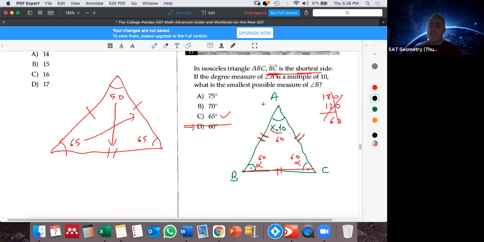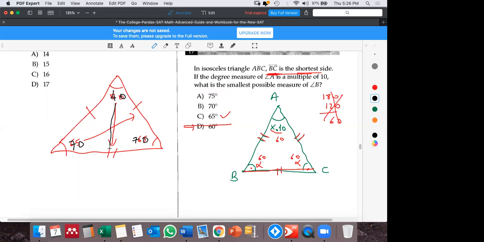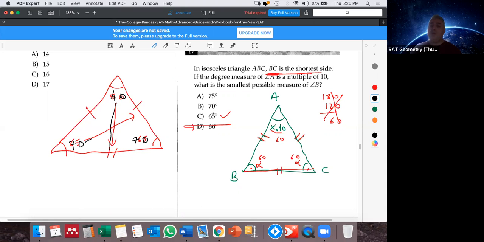But to be sure, I am checking 70. If this is 70, 70 and 70, 140. What is left? 40. Is it possible, 40 is less, others big? Yes, this is also possible. And then if 75, 150, this is 30.